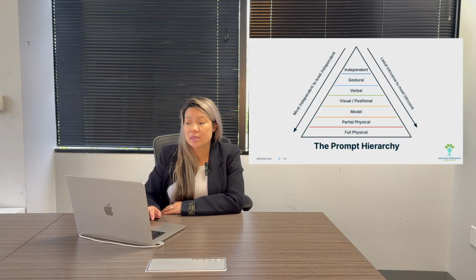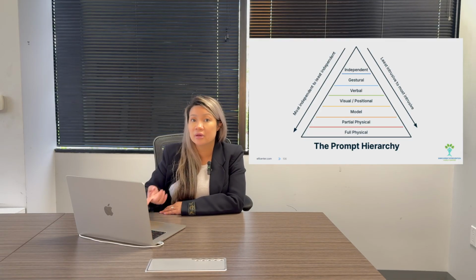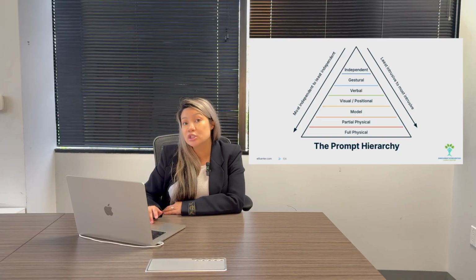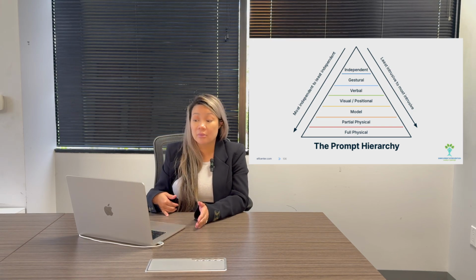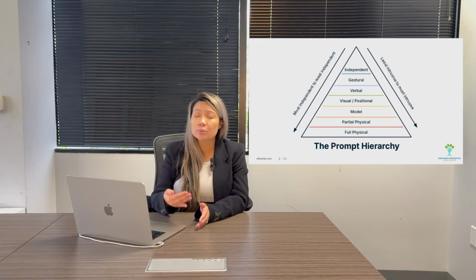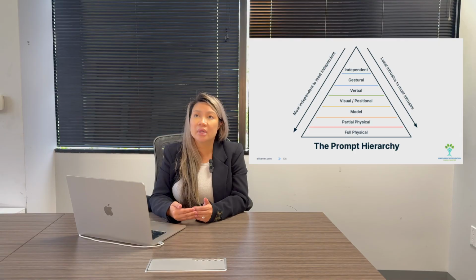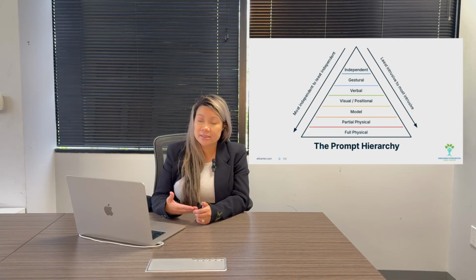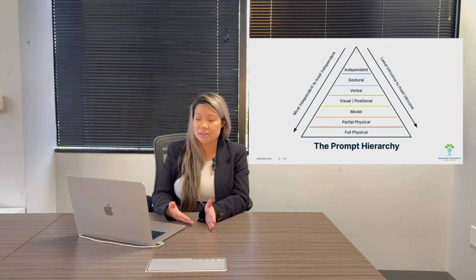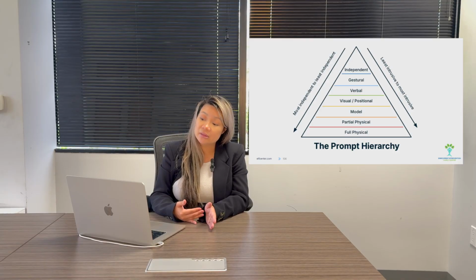You know that the learner is able to evoke the correct response of motor imitation of touching their nose using just the gestural prompt. So we're going to go into the next intrusive prompt, which is verbal. So a verbal prompt is providing them an approximation of the response. In this case, we skip this because this doesn't apply to the motor imitation skill.